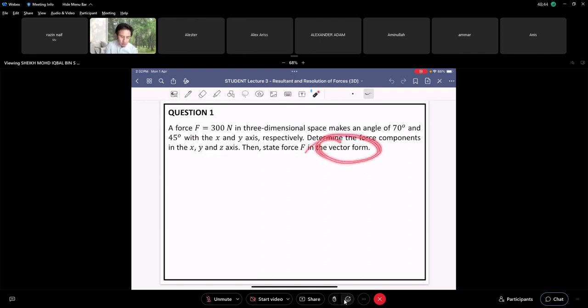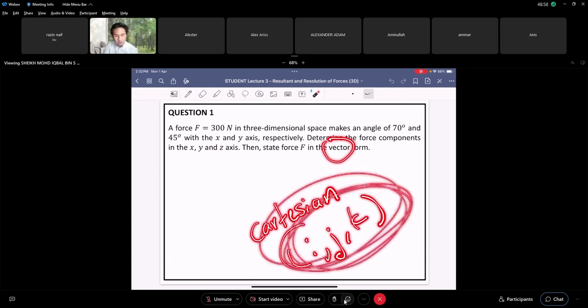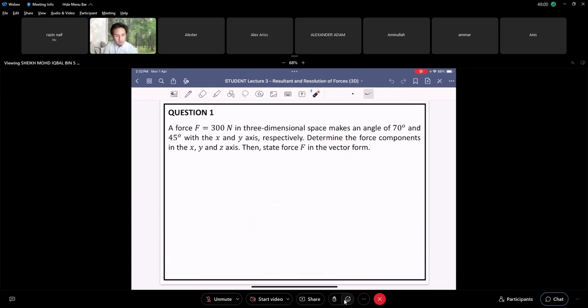Whenever you see vector form, or sometimes they call it the Cartesian vector form, then you know you have to use i, j, and k. You need to attach these to your vector whenever it says you need to state the force in the vector form.